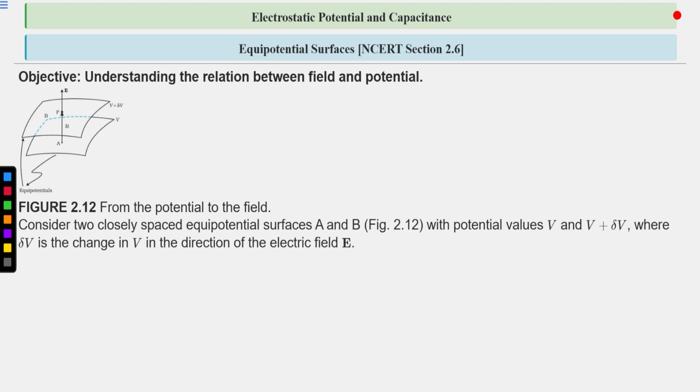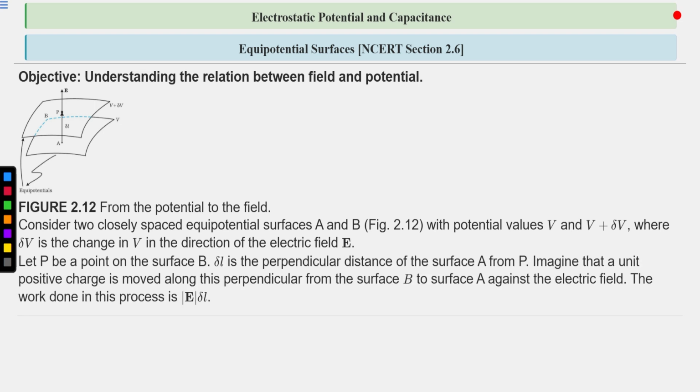Now consider two closely spaced equipotential surfaces A and B with potential values V and V plus del V, where del V is the change in V in the direction of the electric field E. Let P be a point on surface B, and delta L is the perpendicular distance of surface A from P. Imagine that a unit positive charge is moved along this perpendicular from surface B to A, from point P in the downward direction against the electric field.